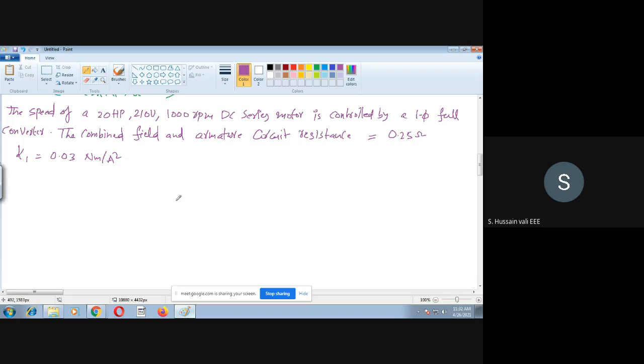Then K2 he has given as 0.075 volt second per radian.